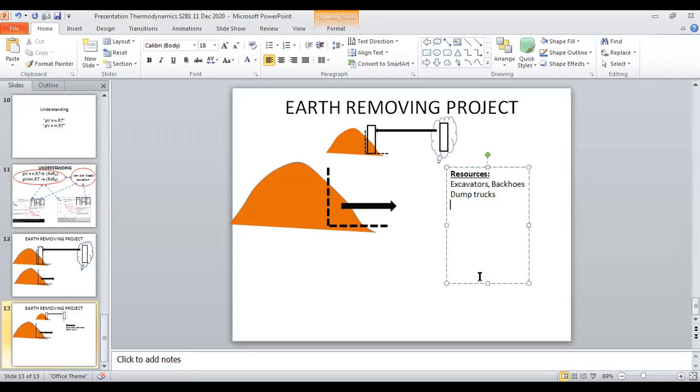And of course, you need some fuel sources, petrol or diesel, to run these machines. You need energy sources as well. But for resources, I put these three only, and you need the operators as well.